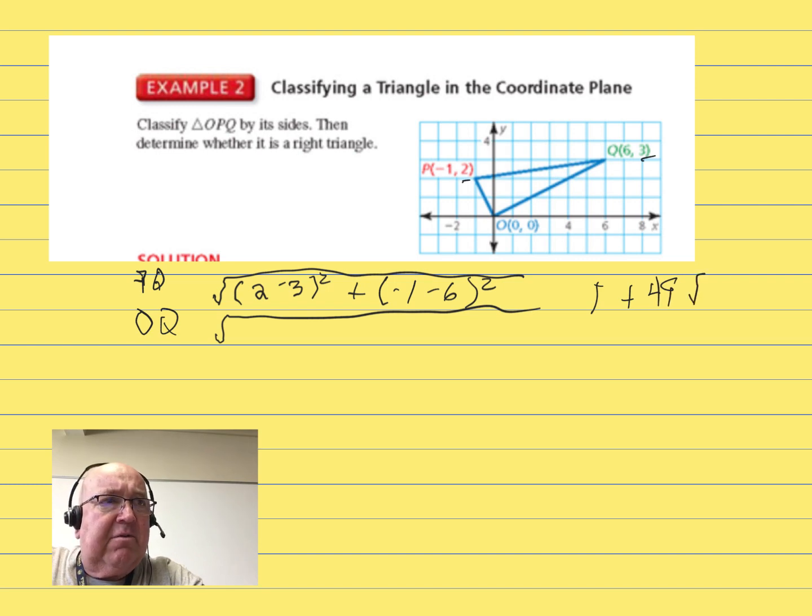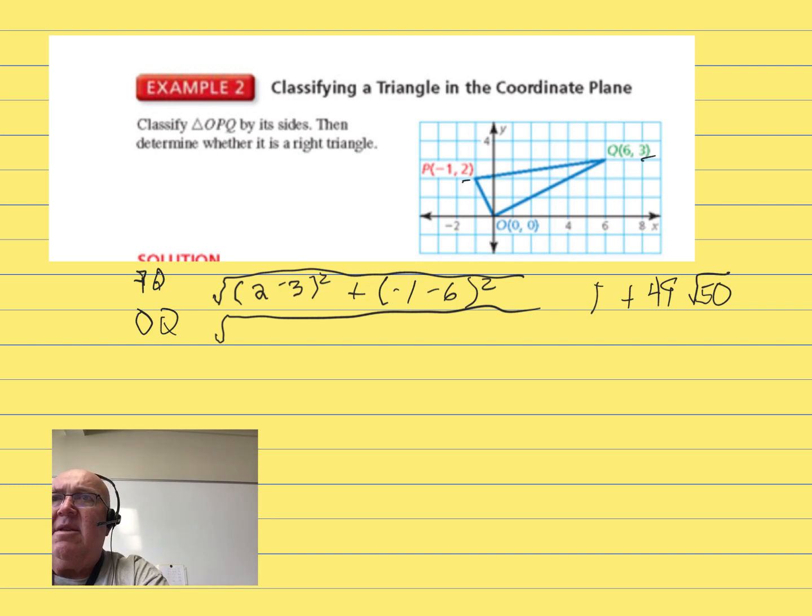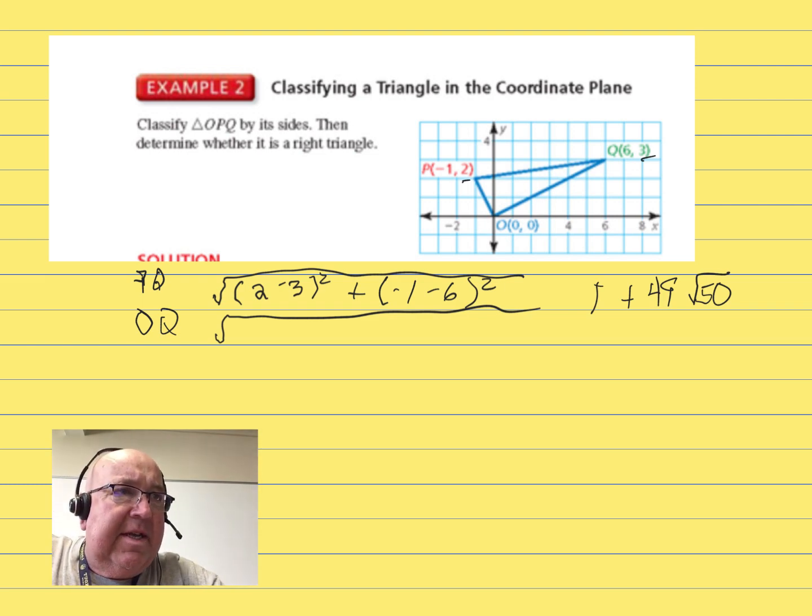So we're going to have the square root of 50, which is a little bit more than 7. It's going to equal about 7.1.